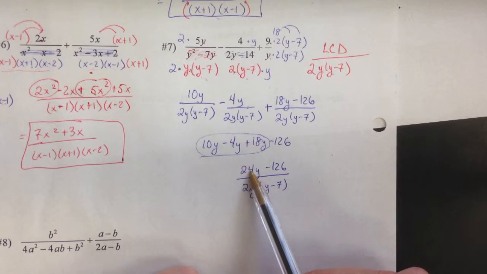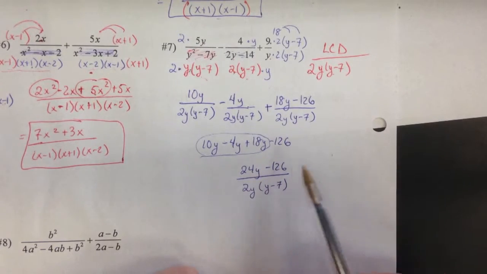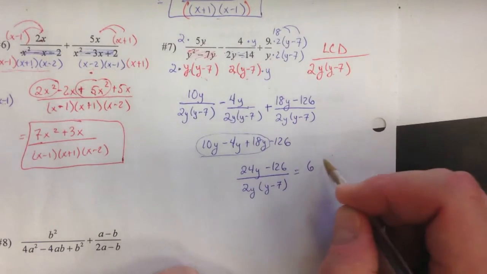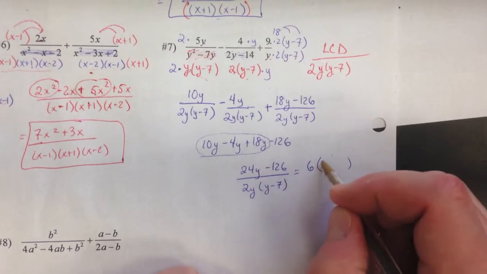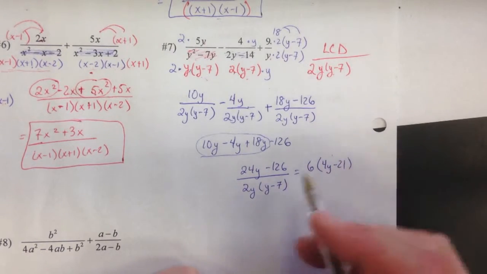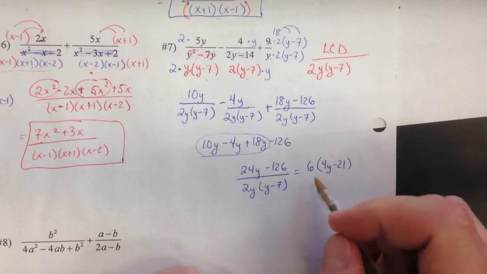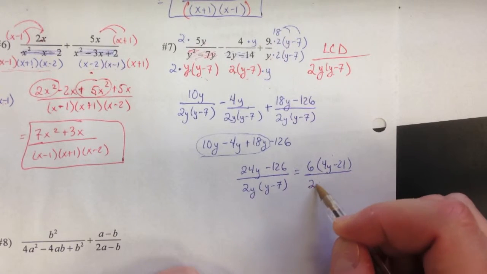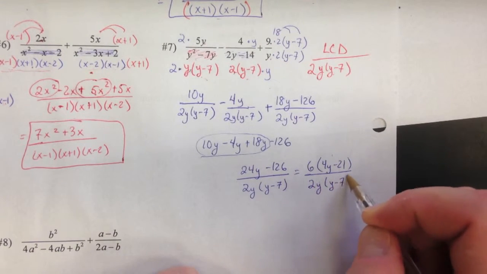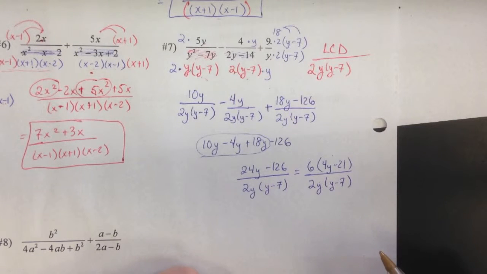If you look at this, let's see. It looks like 6 goes into both of these. I could take out a 6, which would leave me with a 4y minus 21. I divide out the 6, factor it out. And then in the bottom, we've got 2y times y minus 7. Now, the thing is, normally you're done at this point, but one last thing to notice.